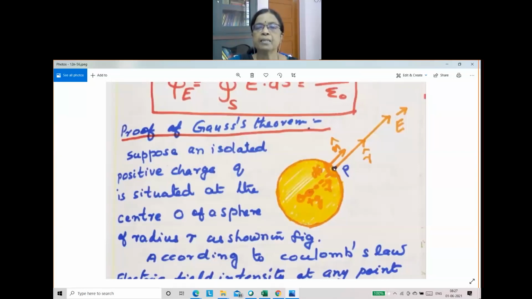When you draw a normal to this area, it is parallel to vector E, since for a positive charge field lines are drawn outwards, and we know the area vector is also drawn perpendicular in the outward direction. So at every point on the surface of the sphere, the electric field vector and area vector are in the same direction, making an angle of 0 degrees.